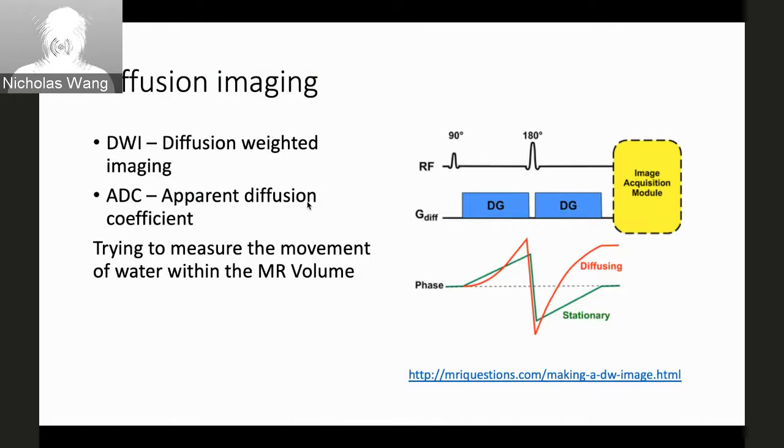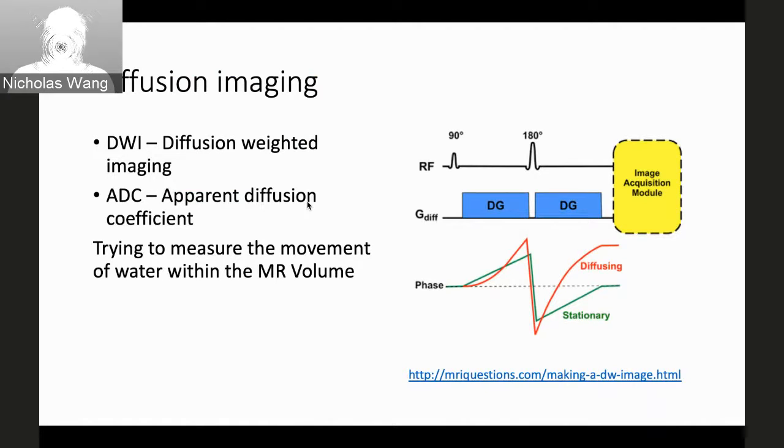And so you'll get out diffusion-weighted imaging, which is the kind of signal you get out, and also an apparent diffusion coefficient, which is a single number you'd get out, using a b-value, to quantify what the diffusion levels are. The rest of MR in general is not intensity based. The intensity is all relative.